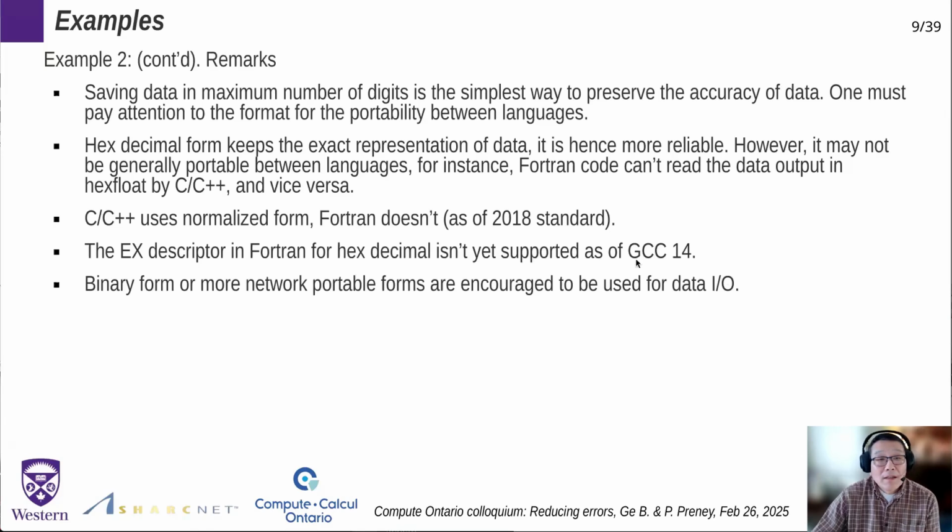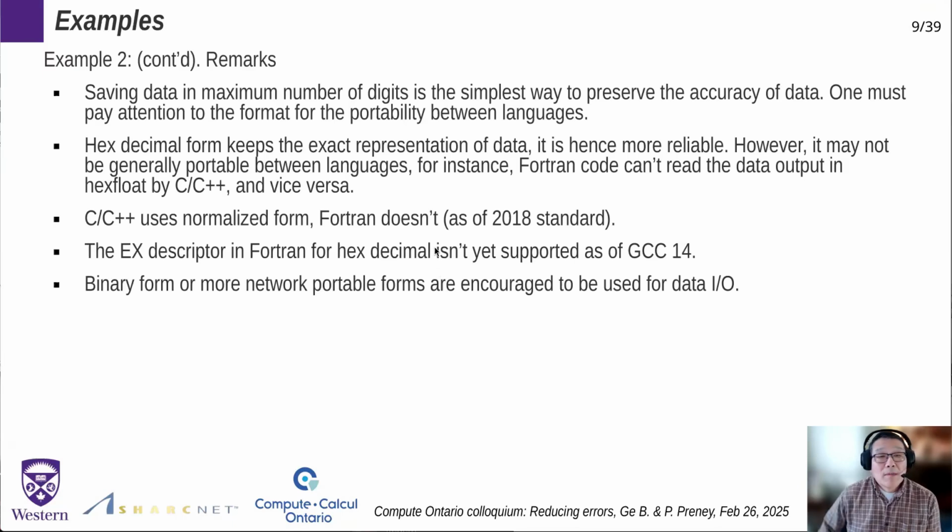However, it is not generally portable between languages. It is portable between C and C++. However, for example, Fortran code cannot read the data output in the hex float format by C or C++, and vice versa, as of now.